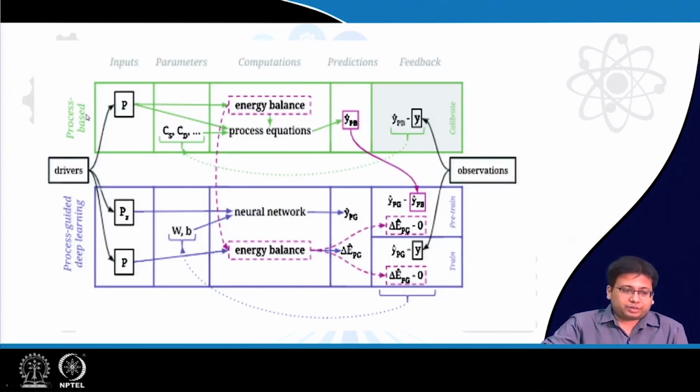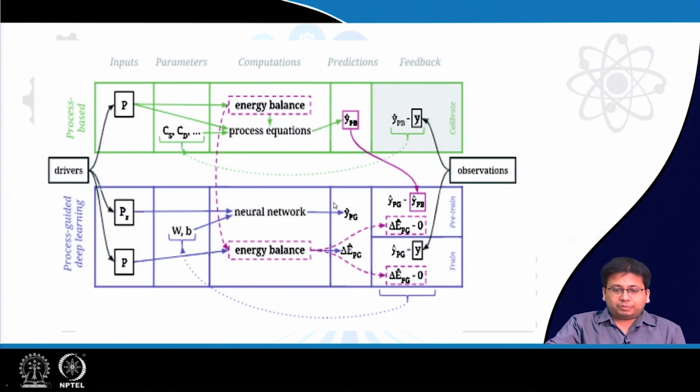From certain initial conditions it will produce its predictions, and while we are training the neural network, it will receive the drivers as well as the initial conditions, and it will know what its ideal outputs will be, as those are the predictions by the process-based model.